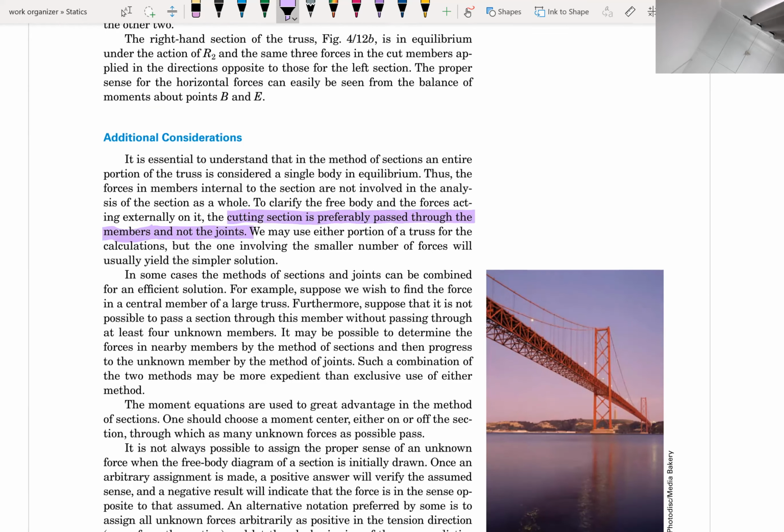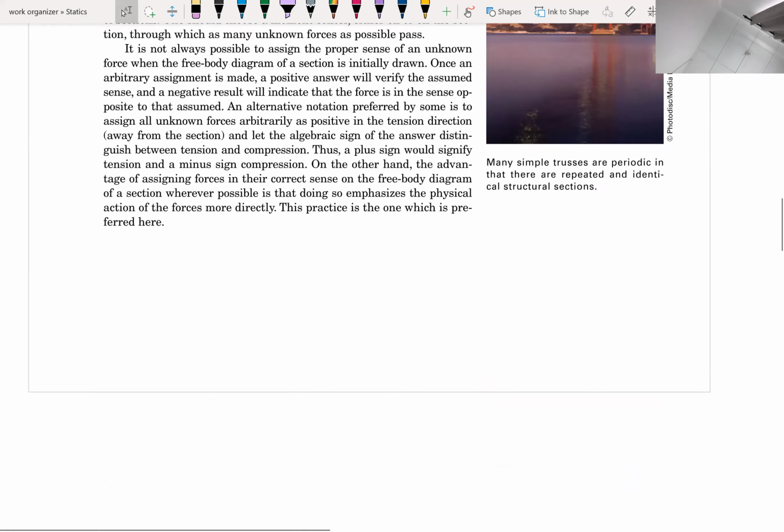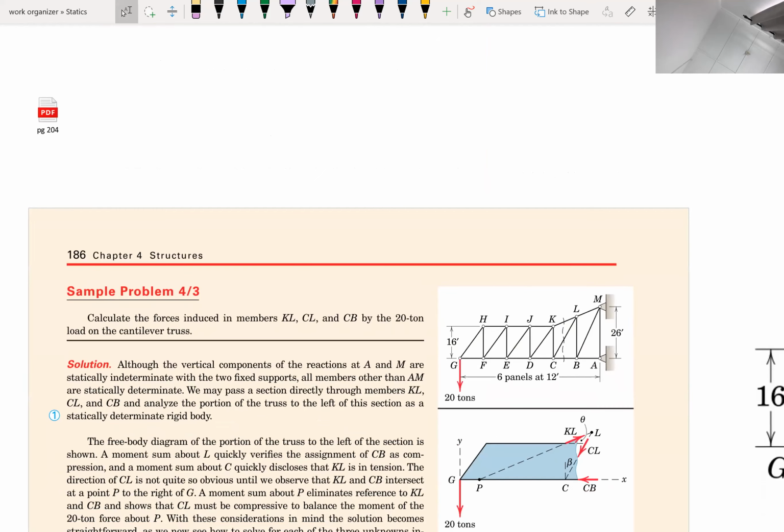Maksudnya tengah-tengah members tu, tengah-tengah besi tu. So simple je. So we just go straight to the example.